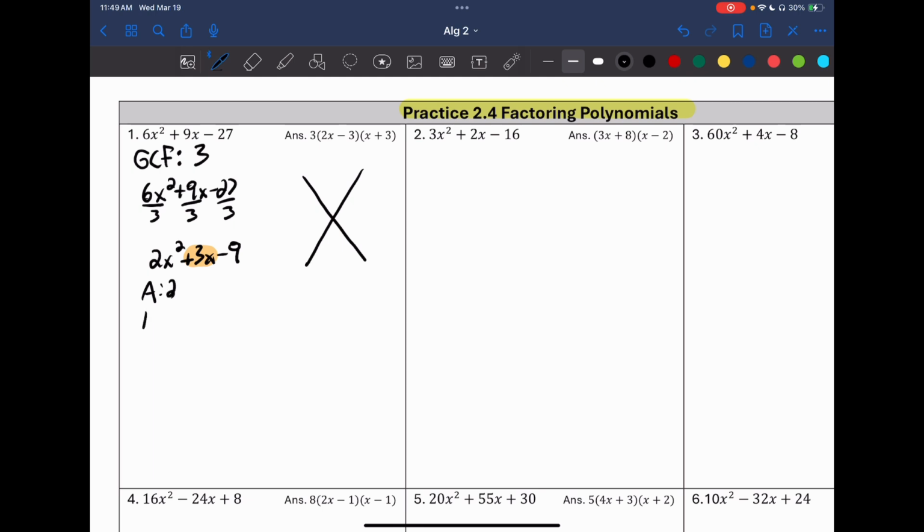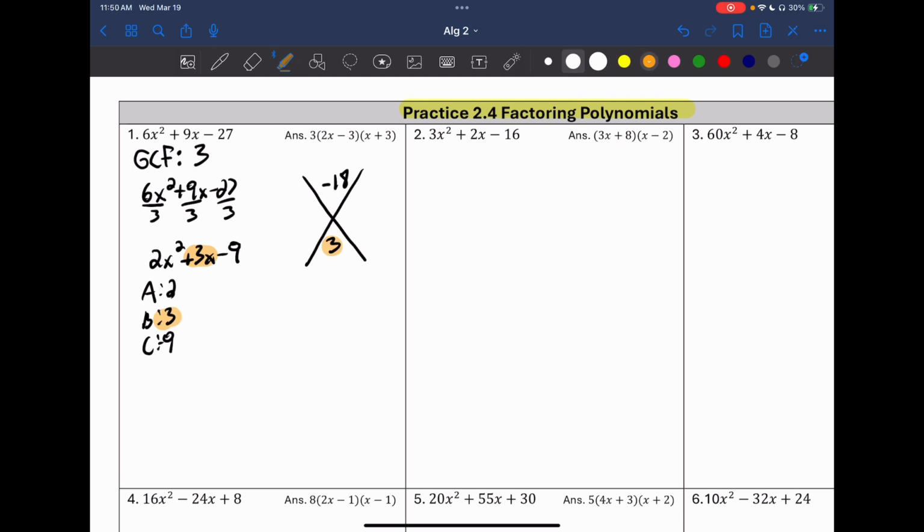So a is 2, b is 3, c is -9. And so we can see that for our magic x, we want to multiply a times c to get the top number. And so that's going to be -18. And then we want to put b as the bottom number. B is 3.